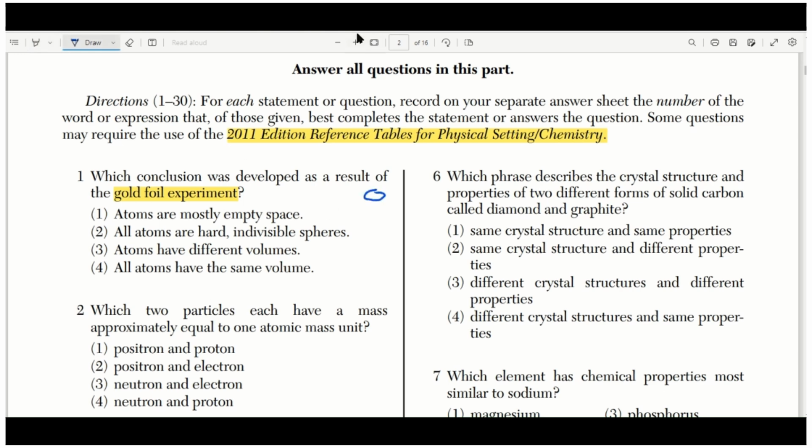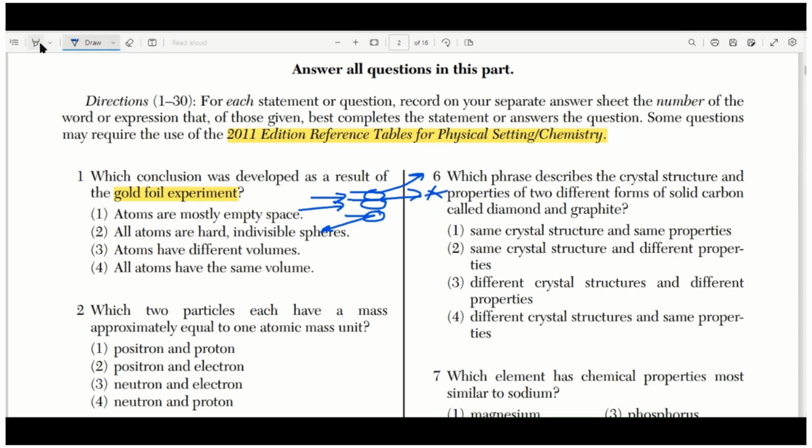We had gold foil with atoms, and alpha particles were directed at the gold foil. Most of the alpha particles passed directly through the gold foil. Some bounced almost completely back, and some were deflected at other angles. But again, most passed directly through.